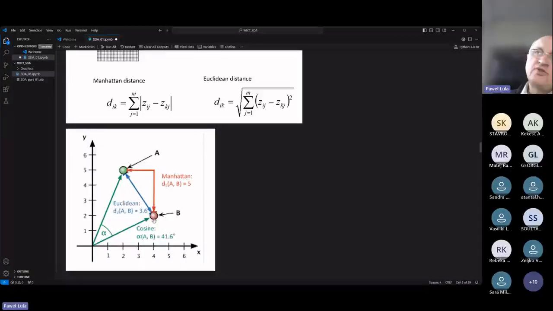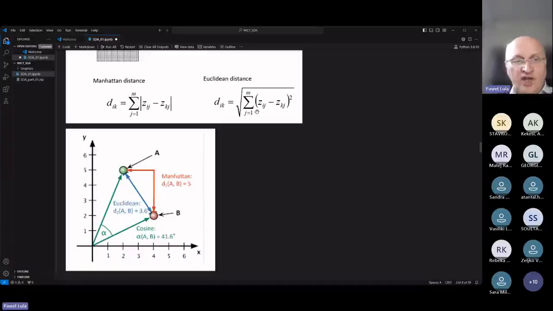So having these two points, we can draw a line here. Here we see this blue line connecting the two points, and the length of this blue line is equal to the Euclidean distance.